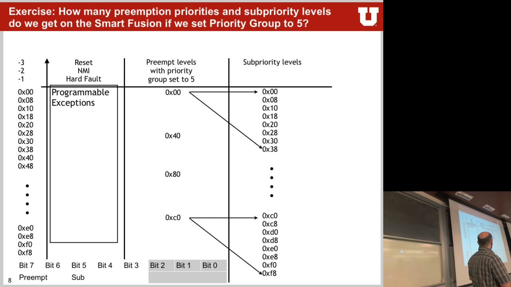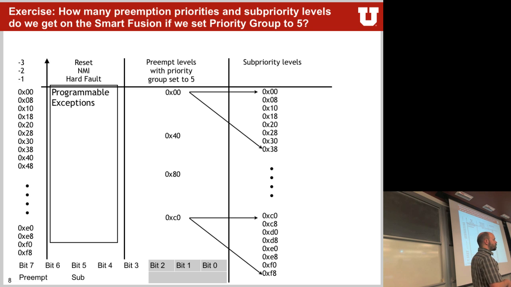sub-priority, but only have 6. It depends on where you want to go with this one here. Right now we have 4 priority groups, and we have 8 sub-priorities per priority group, which would be 32, if I'm not mistaken. So there are only up to 32 levels of priorities.